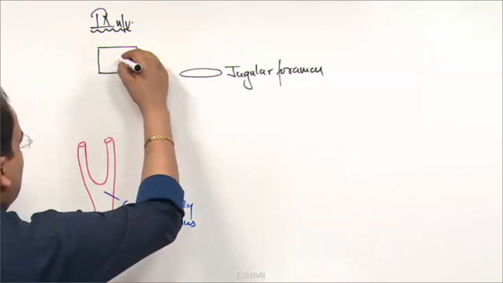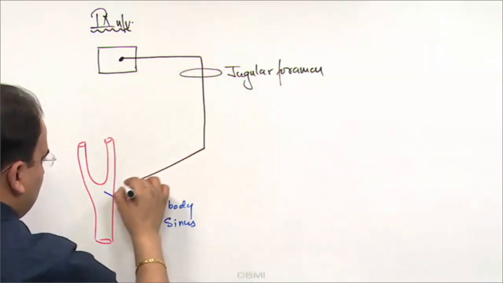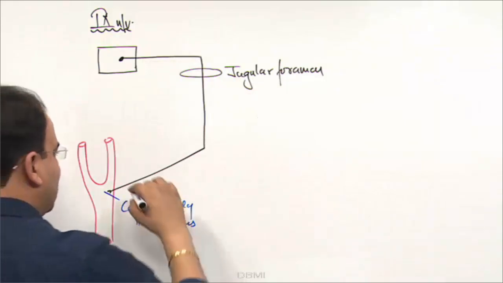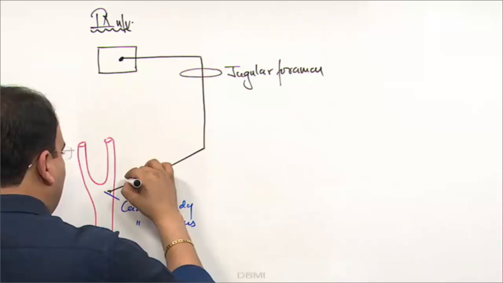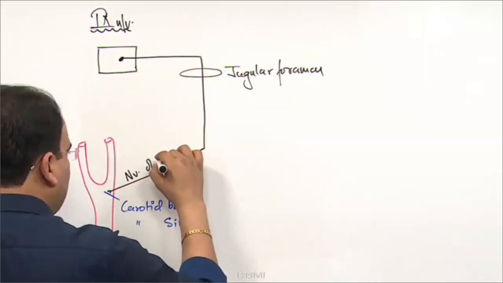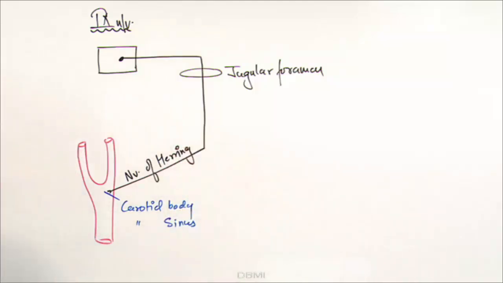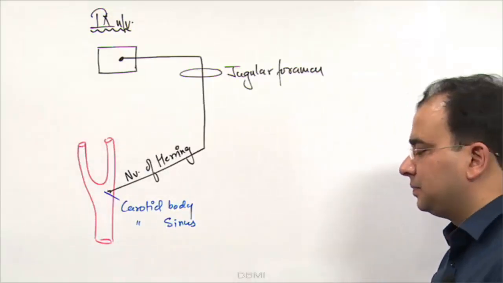The glossopharyngeal nerve supplies the carotid body and carotid sinus. It takes the sensation from them, and this nerve is called the carotid nerve, also called the nerve of Hering, a branch of the glossopharyngeal nerve supplying the carotid body and sinus.